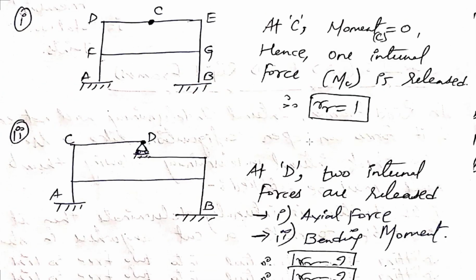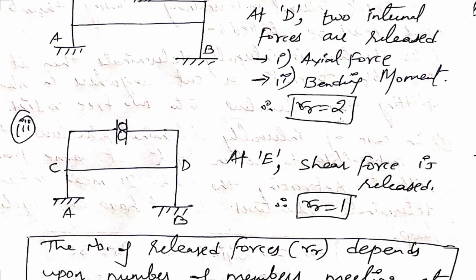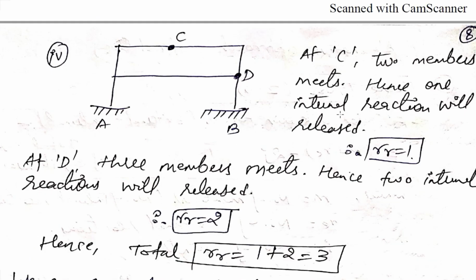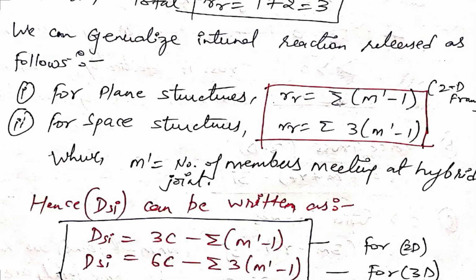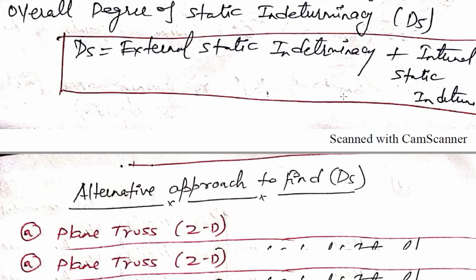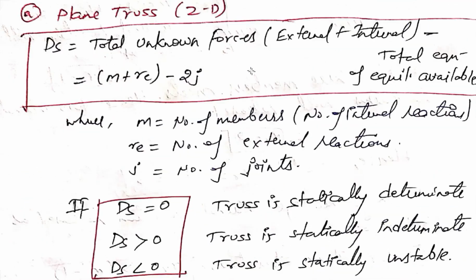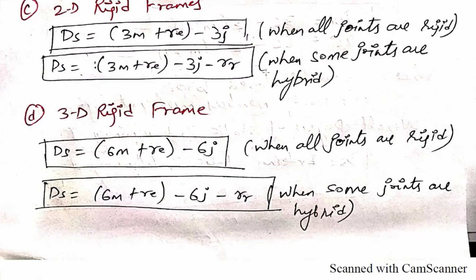So this is how we calculate internal static indeterminacy and overall static indeterminacy. The overall static indeterminacy is the external static indeterminacy plus the internal static indeterminacy. So let's close this session, and thank you so much.